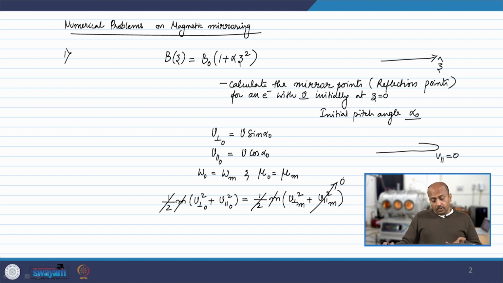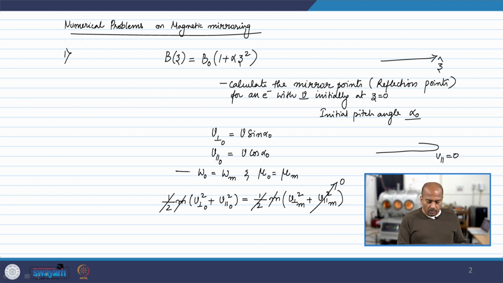So why is the velocity initially not 0 in the parallel direction? Because the particle is just experiencing a normal magnetic field which is not sufficient to reduce V parallel to 0, to keep the magnetic moment constant.